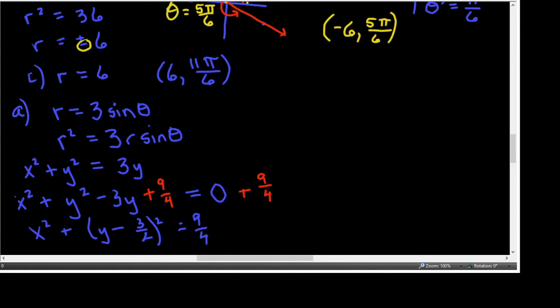And I know the directions don't say so, but I'd like to expand this one just a bit further. We know that this is the equation of a circle. Because it's in the standard form, we can identify the coordinates of the center. They are 0, 3 halves.